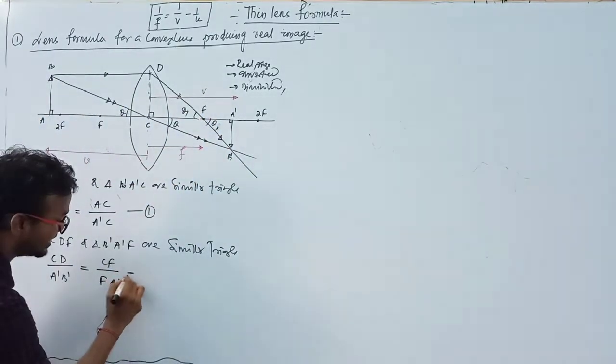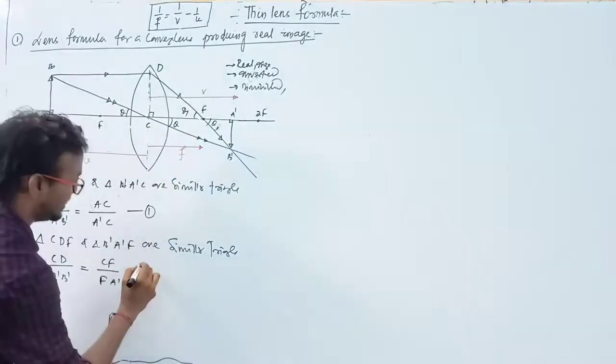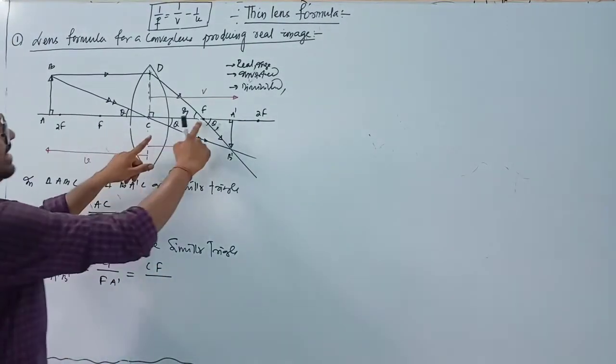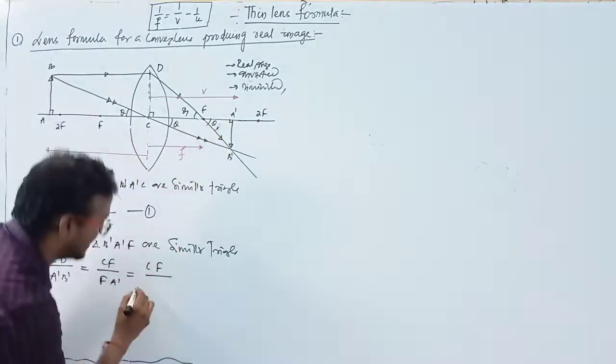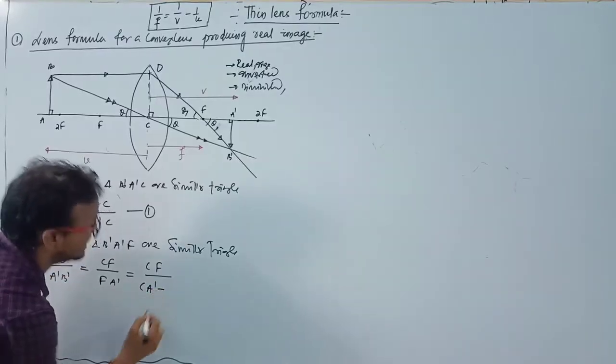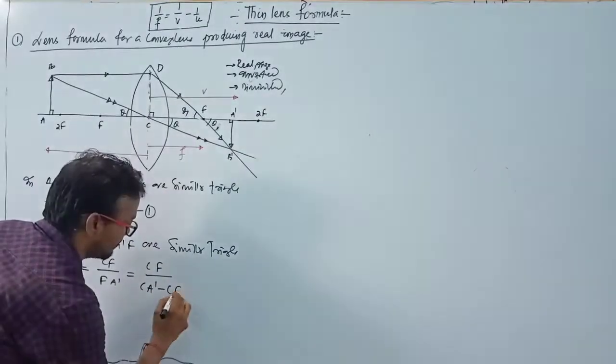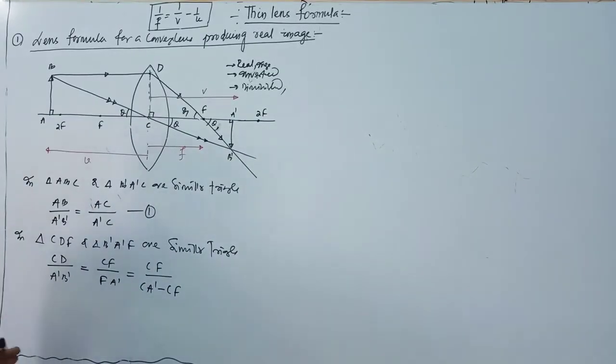So you can write here the relation: CF divided by FA dash. FA dash means CA dash minus CF. Clear?